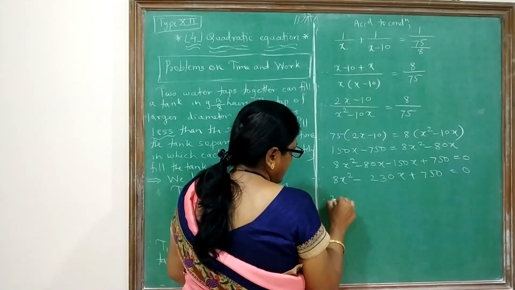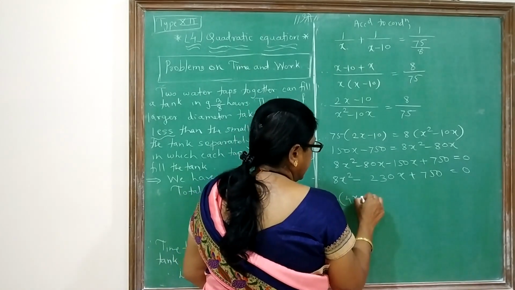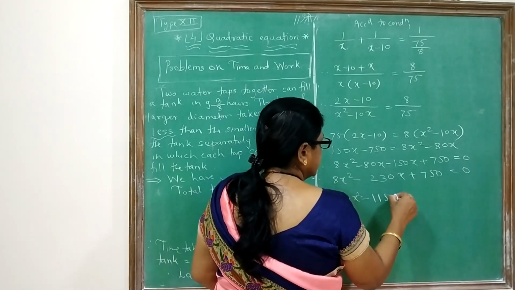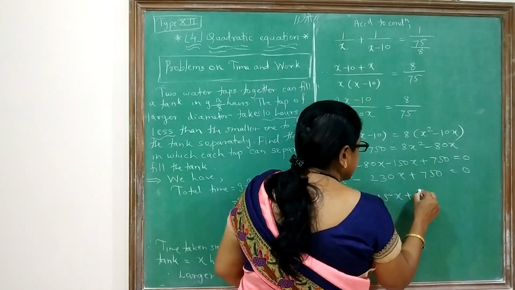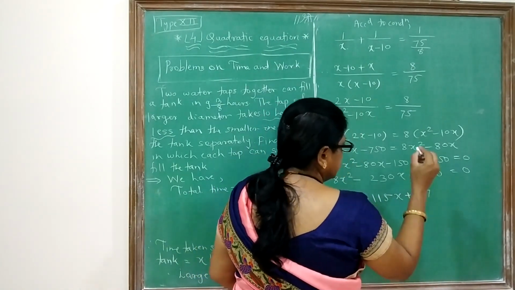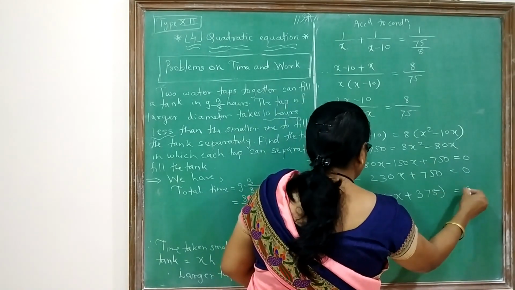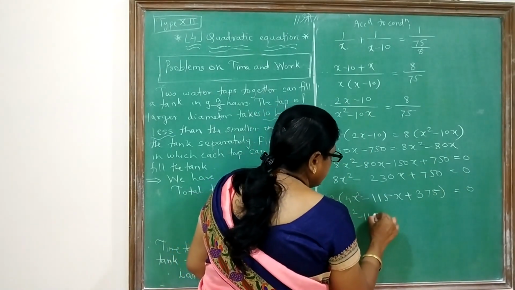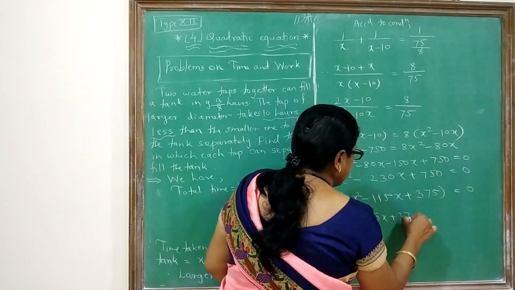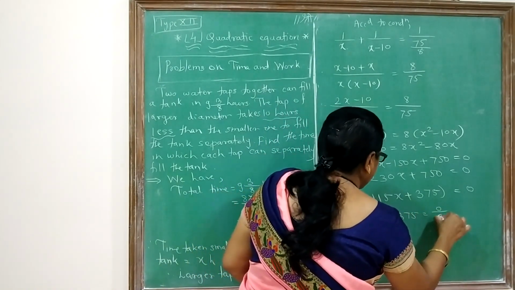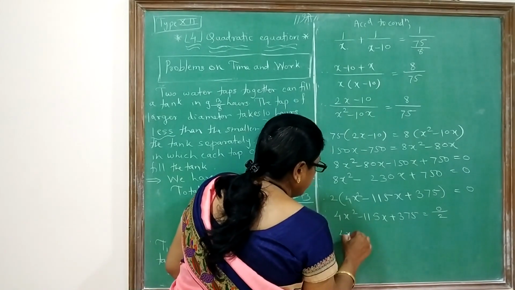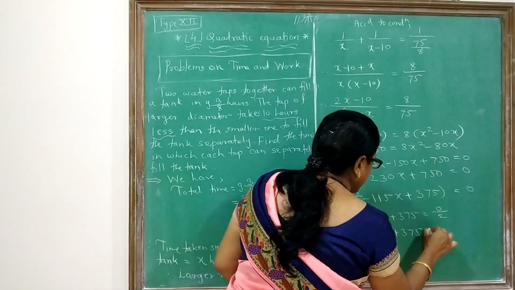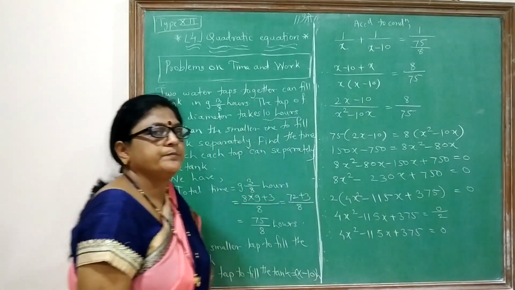Then you will take 2 common: 2 fours are 8, 2 one-fifteens are 230, 2 threes are 6, 2 sevens are 14, 2 fives are 10. Then you will get 4x square minus 115x plus 375 equal to 0.